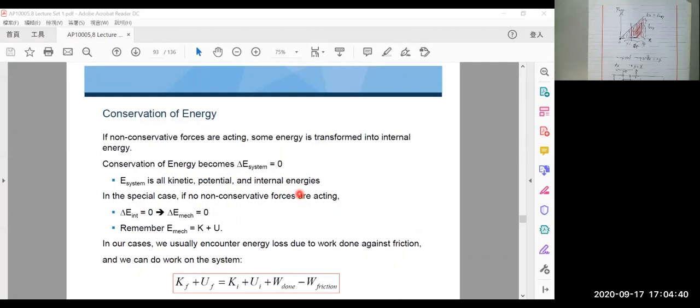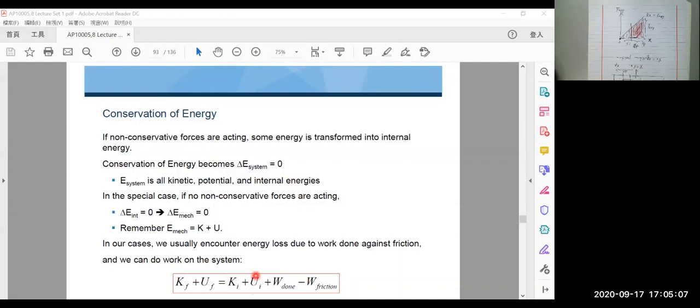Conservation of energy is something you have seen before. The initial total energy must be equal to the final total energy. And there may be other mechanisms for energy loss, for example, due to friction. Work done sometimes has to be provided in order to overcome energy loss due to friction.